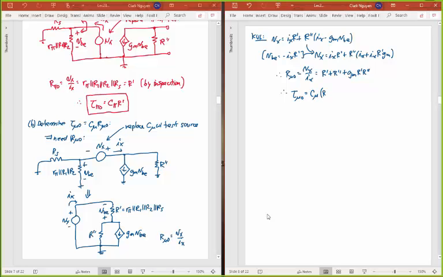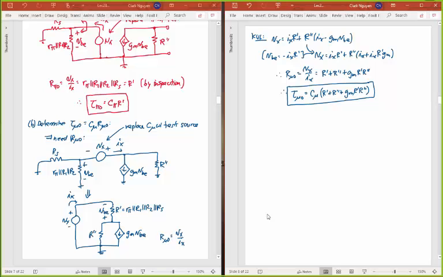So times R prime plus R double prime plus GM times R prime R double prime. And so this now is my second time constant, the one due to C mu. And if you remember what I just showed with the brute force thing, this is starting to look like that brute force equation. I'm not going to mention that just yet, but at the very end, I will compare the two of them.